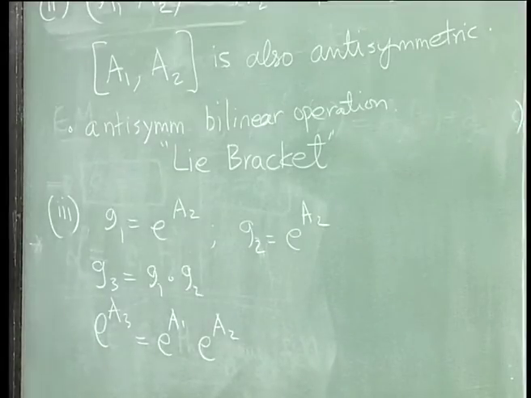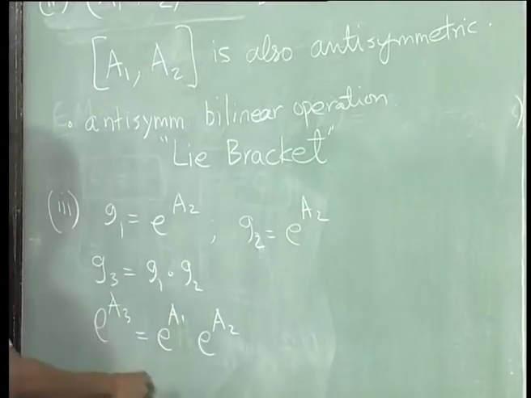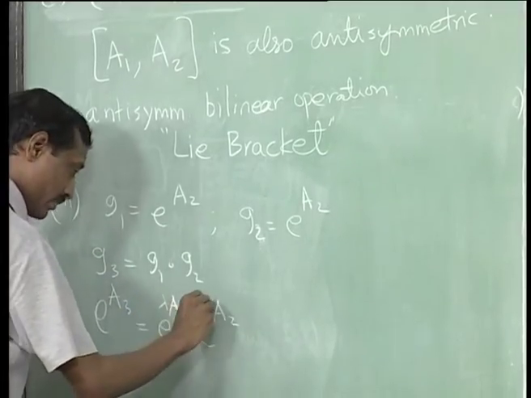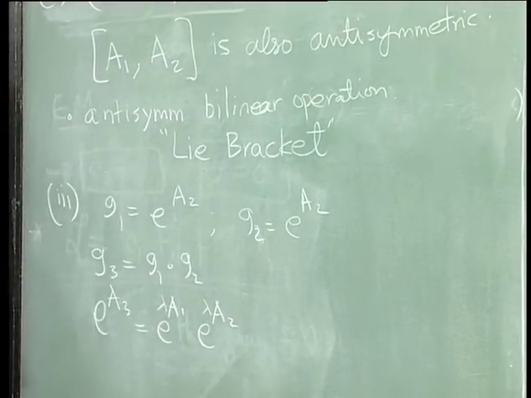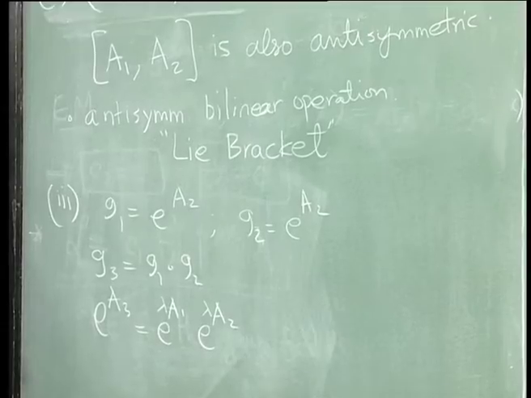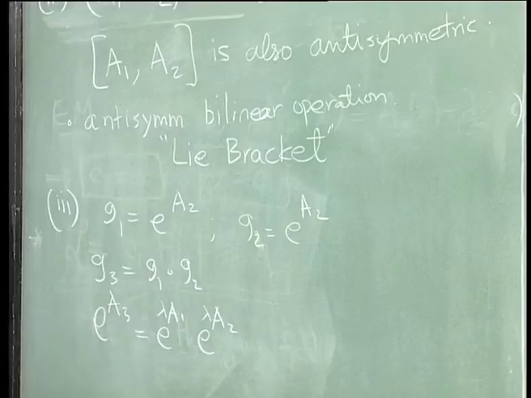So what you should do here is to work out, and I will not prove it, put a lambda here, put a lambda here, expand it, start collecting terms and re-exponentiating. That will give you A3, since it has to combine back into that.